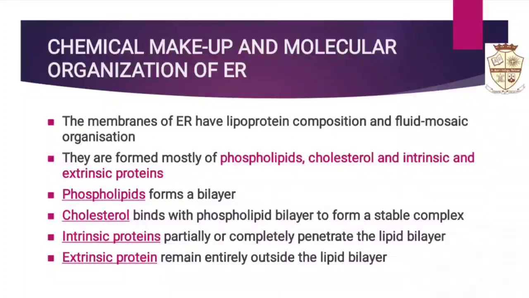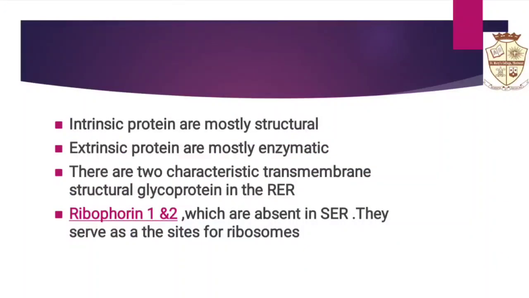Cholesterol binds with the phospholipid bilayer to form a stable complex. Intrinsic proteins partially or completely penetrate the lipid bilayer, and extrinsic proteins remain entirely outside the lipid bilayer. Intrinsic proteins are mostly structural and the extrinsic proteins are mostly enzymatic.